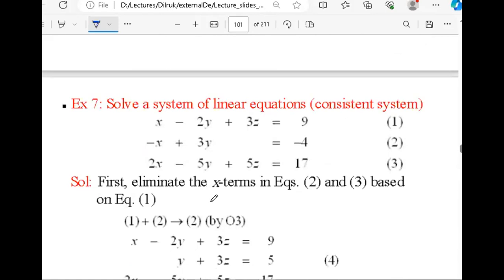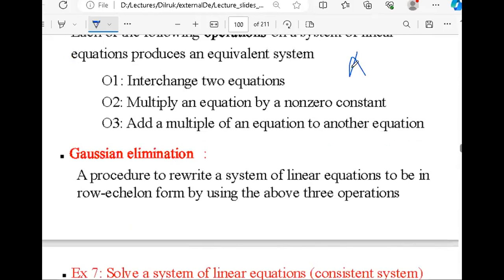The takeaway point is, if you have a system AX = B, where X is the variable vector and B is the right-hand side of the system of equations, try to reduce it. Consider the augmented matrix, considering both the coefficients as well as the right-hand side.